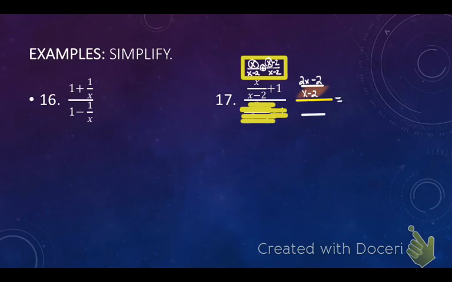Now, for me, what I'm going to do is go ahead and factor that out, and I'll show you why in a minute. For me, if I factor it, it's just going to make it a little bit easier later. I'm going to have 2 times x minus 1 and then x minus 2.